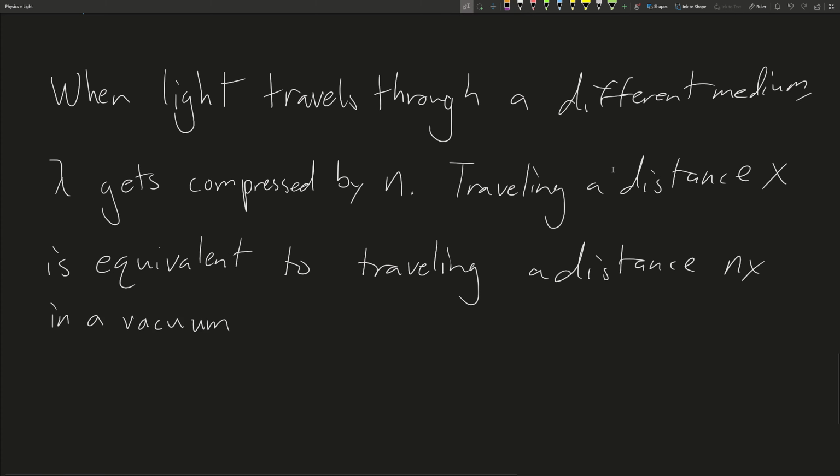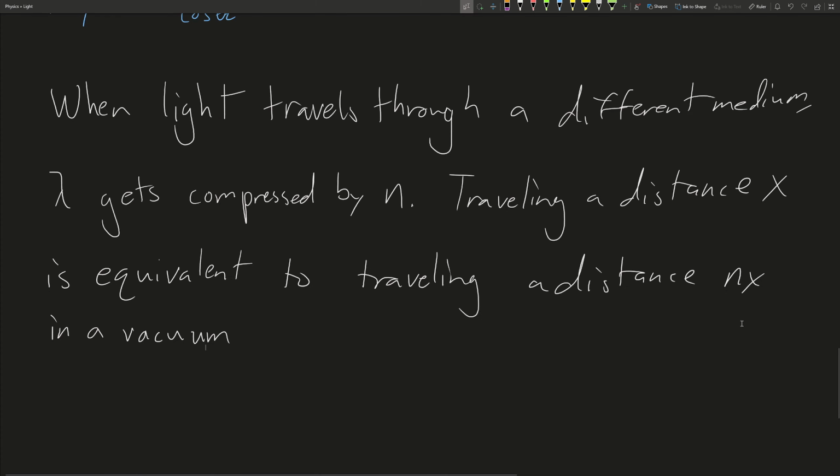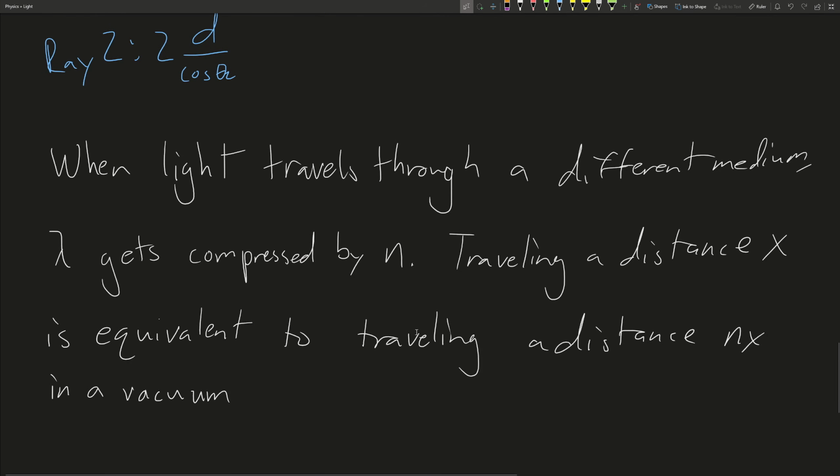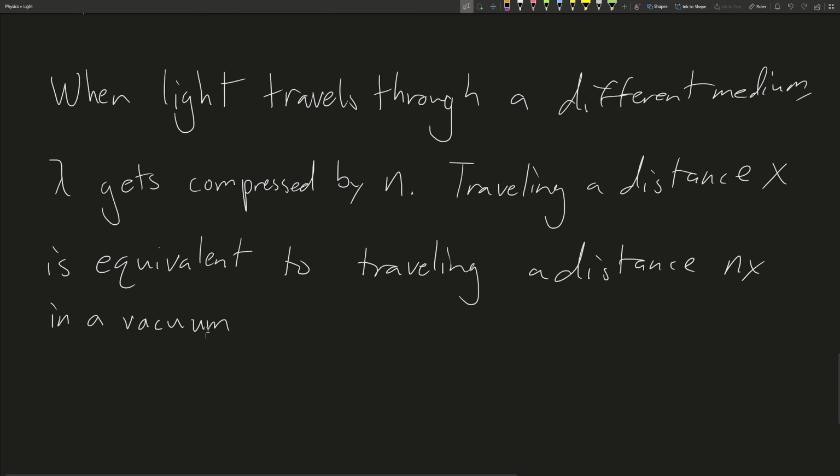This is because if it travels one wavelength in the medium, it'll actually travel the wavelength in a vacuum divided by n. And so if that's one wavelength, then in air, one wavelength will be equal to n times x to rescale.